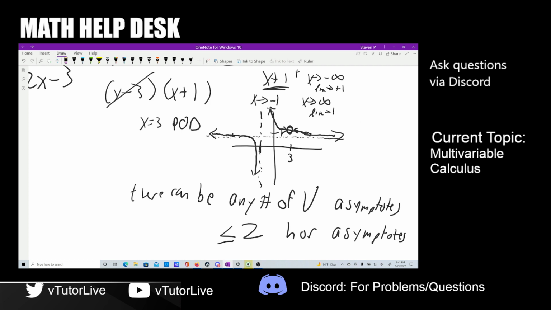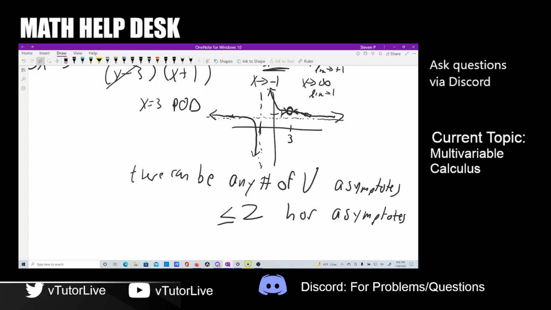It seems like it's limited to 2. If they approach different limits, that's 2 horizontal asymptotes. But for this problem, they approach the same value, 1, so there's only one horizontal asymptote. And I guess it's also possible that there are 0 horizontal asymptotes if the domain is cut off, but that's kind of an edge case.